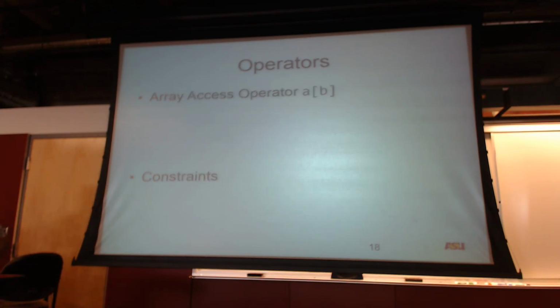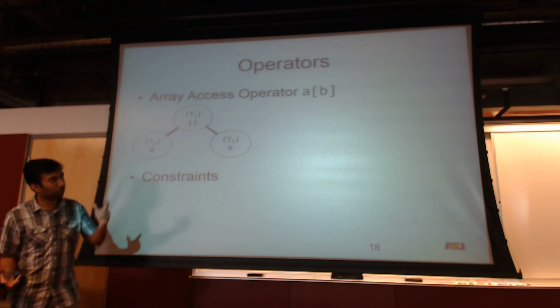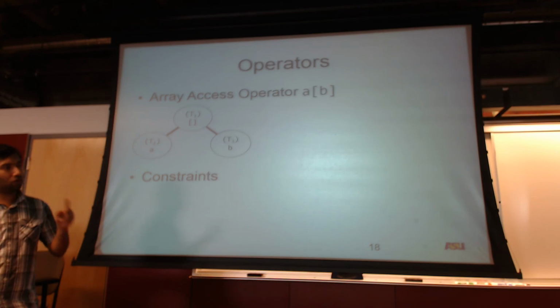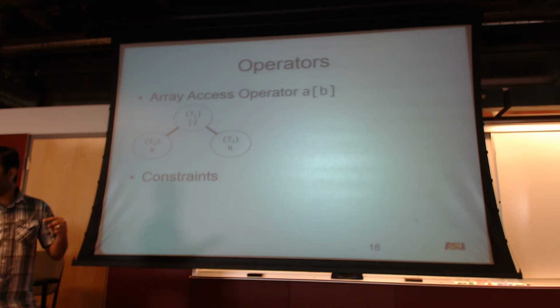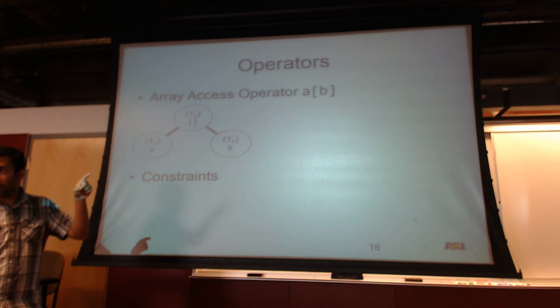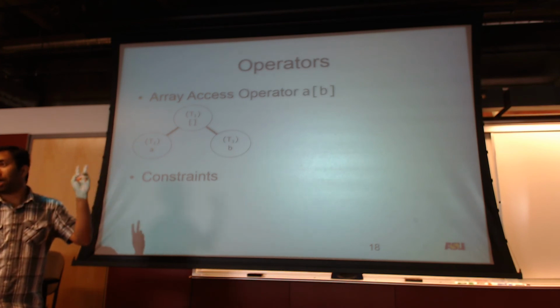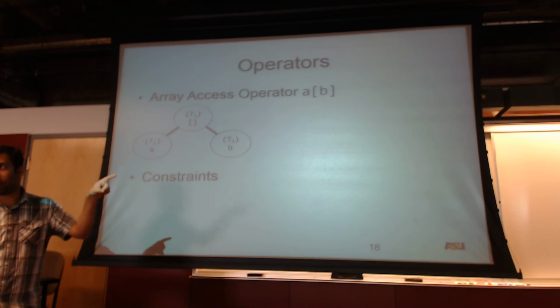Then we have array operators. If we have A, then index B, then we represent it in this way. We have a tree representation for operators as well. For the array operator, the root node is the open and close square brackets, and then A is the left node and B is the right node. Note that these tree representations have to maintain the order.